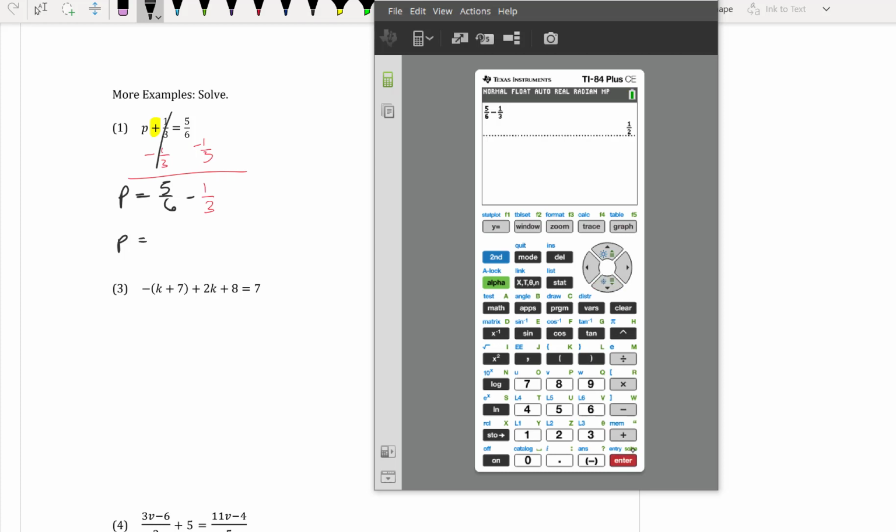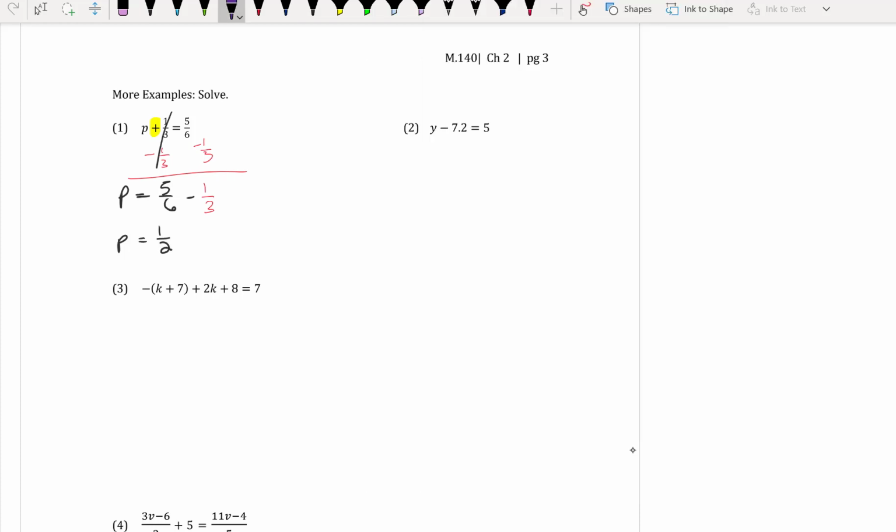So we have 5/6 minus 1/3, which is going to equal 1/2. So p equals 1/2 is going to be your answer. And you can always check it.